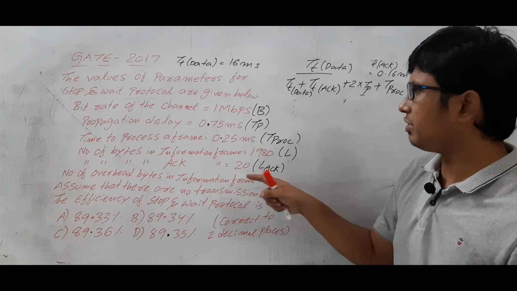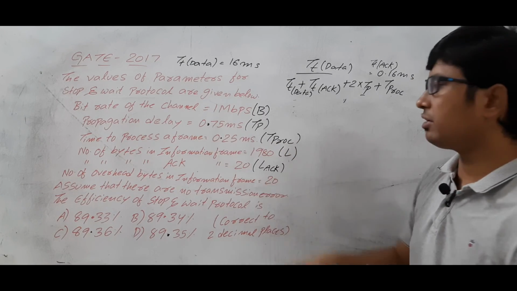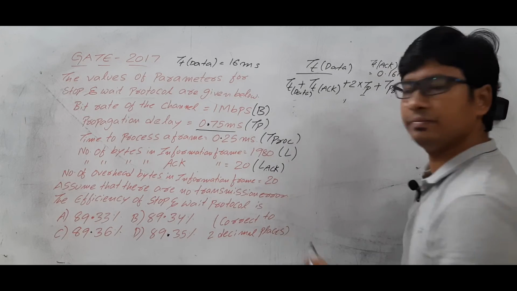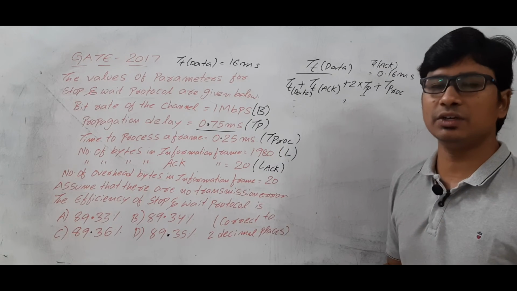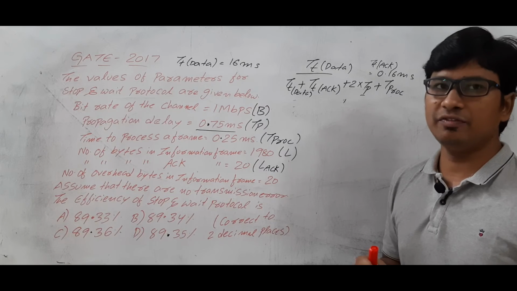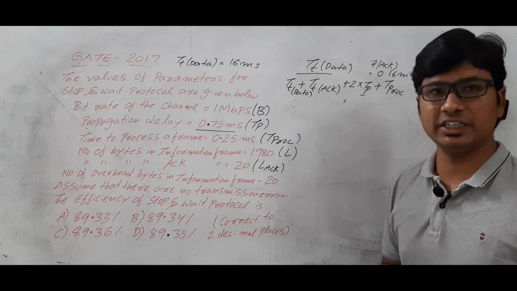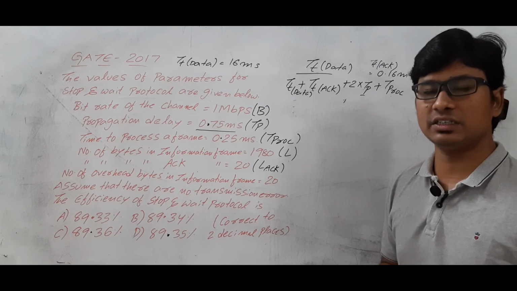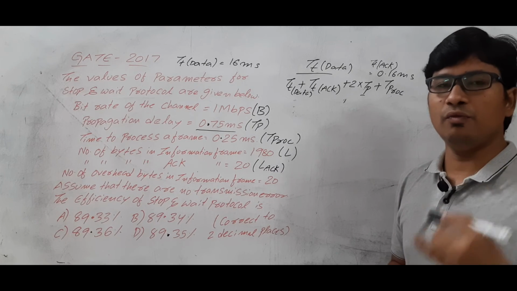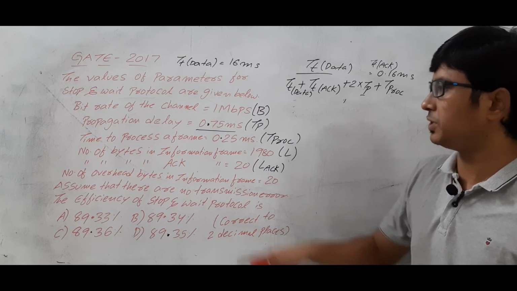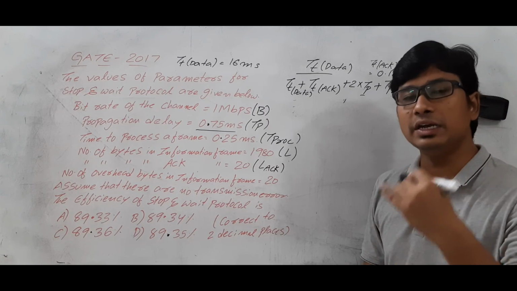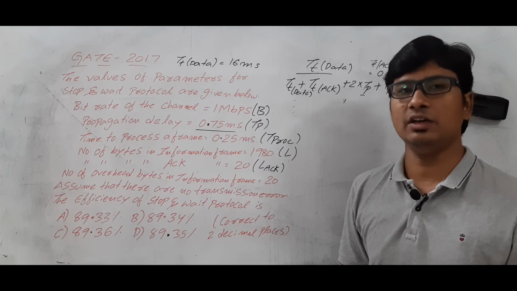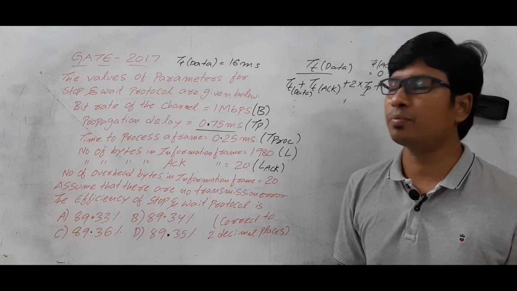And have they given the propagation delay? Yes, they have given the propagation delay directly. We need not calculate the propagation delay. However, if they do not give the propagation delay directly, if they give the distance between the source and destination and also the velocity or propagation speed, we can calculate it. Propagation delay is equal to distance by velocity or distance by propagation speed.